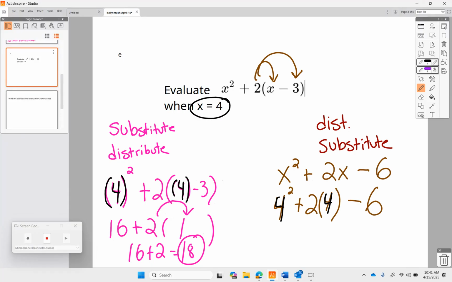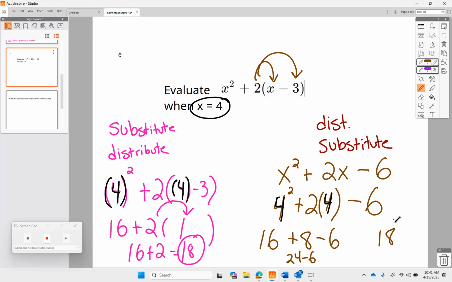It doesn't become 24. So 4 squared is 16. 2 times 4 is 8. 16 plus 8 is 24. And then 24 minus 6 is 18.